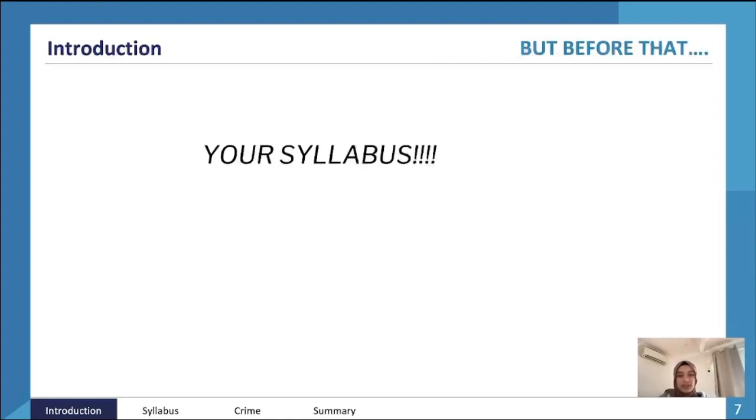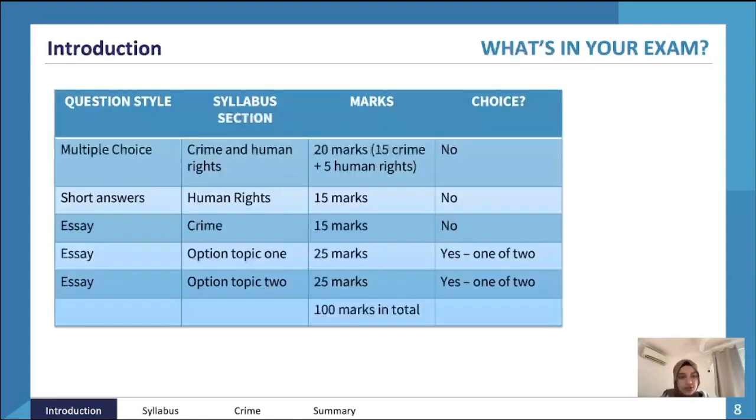All right, so before that, I did want to touch on your syllabus. Just a little bit of a summary. I know most of you may already know this if you've been doing practice exams, but if not, I've put this slide in there because I think it is very helpful to understand exactly where your marks are coming from, what's in your exam, what's assessed where, and in what form.